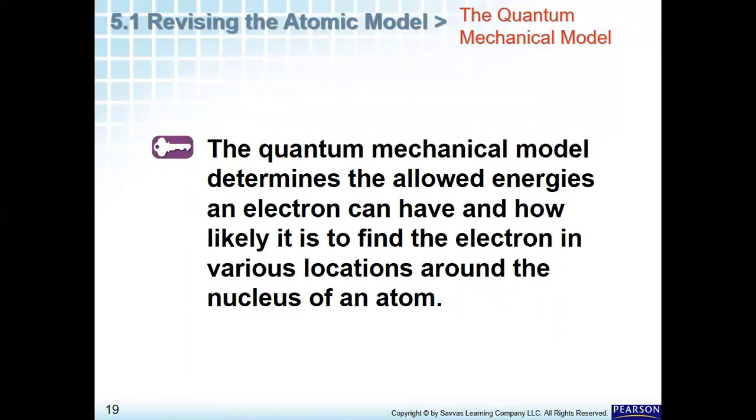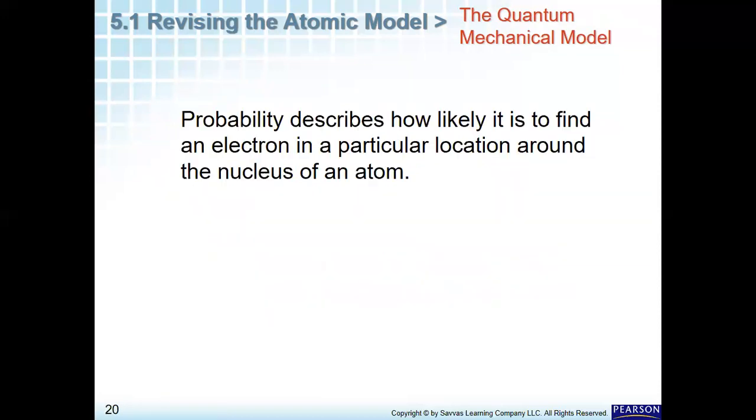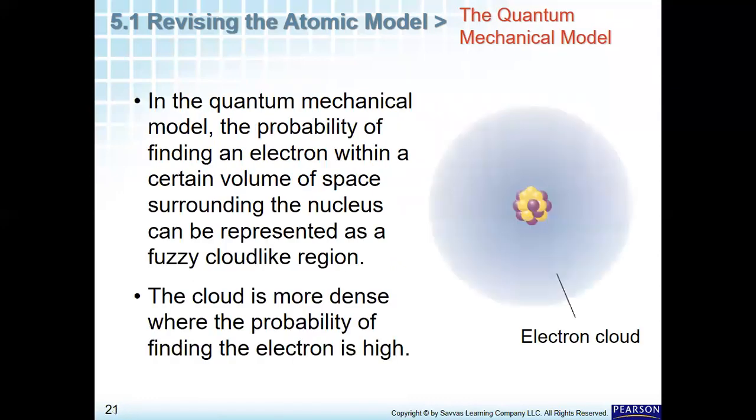So the quantum mechanical model determines the allowed energies an electron can have and how likely it is to find the electron in various locations around the nucleus. Probability was the solution for that. Probability describes how likely it is to find an electron in a particular location around the nucleus.